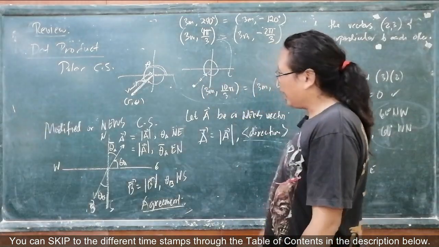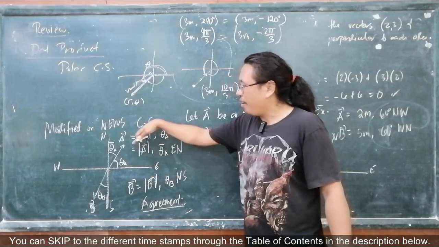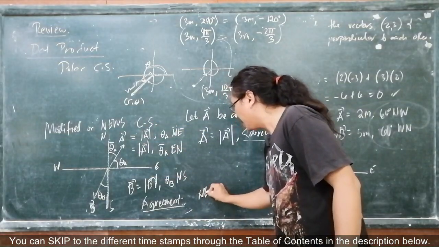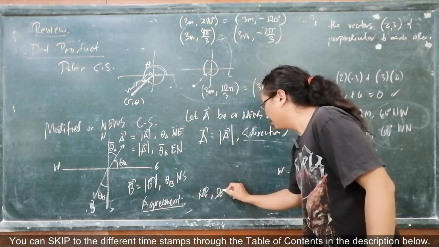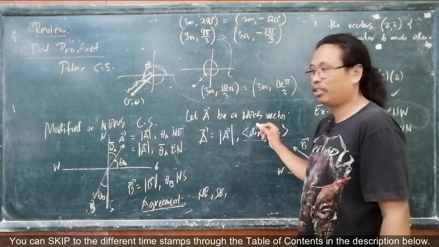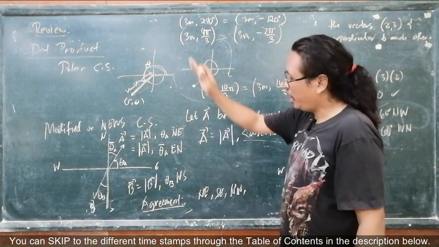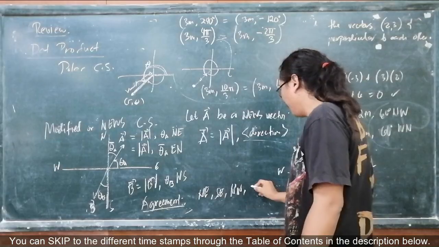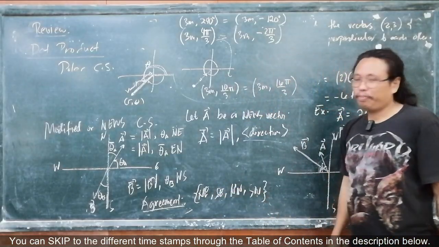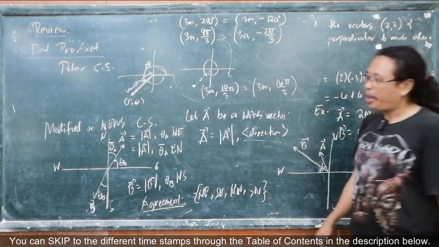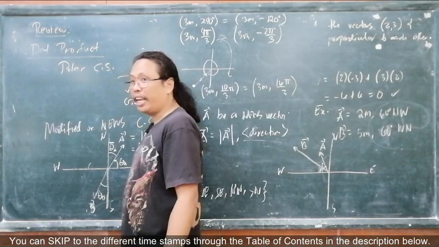That means the directions we are going to use are northeast, southeast, northwest, and southwest, right? So these are the only directions that we're going to use. To simplify things, we have to force the vector's angle to be measured on this one.